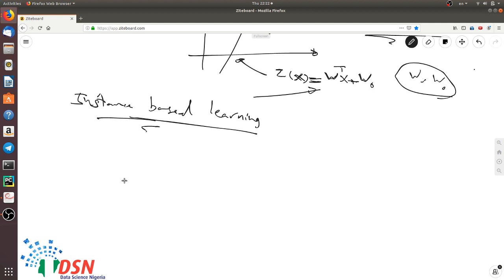In KNN or NN, learning comes down to simply storing the training data. For training the model you just need to store the training data because you don't have any parameters to learn.